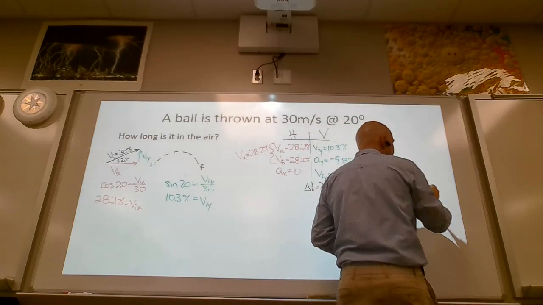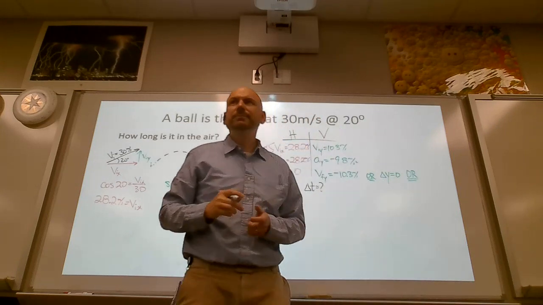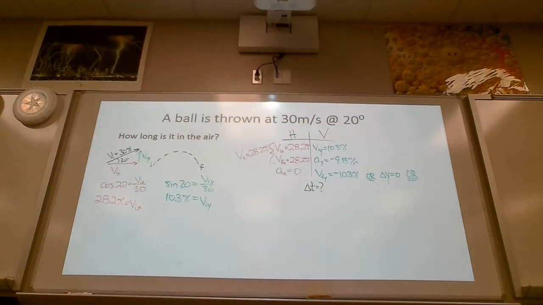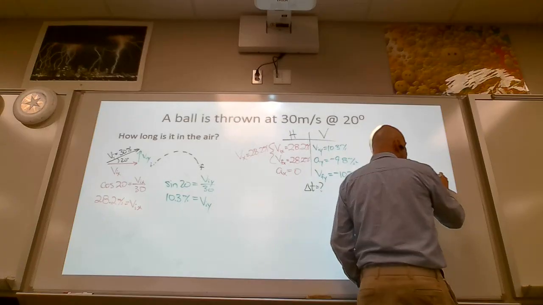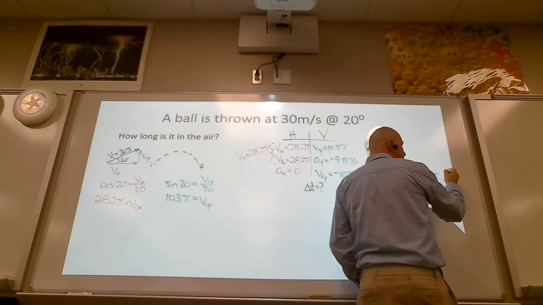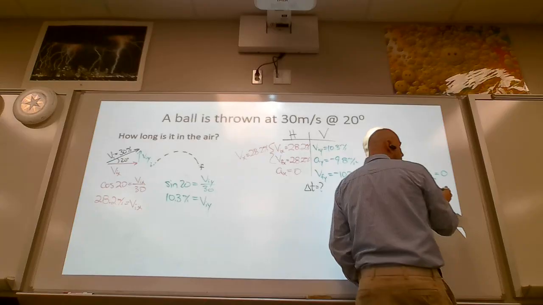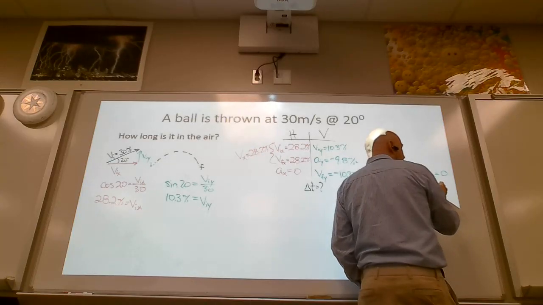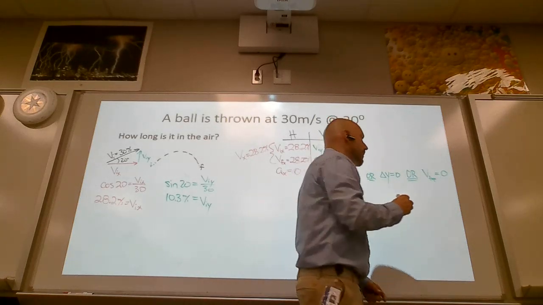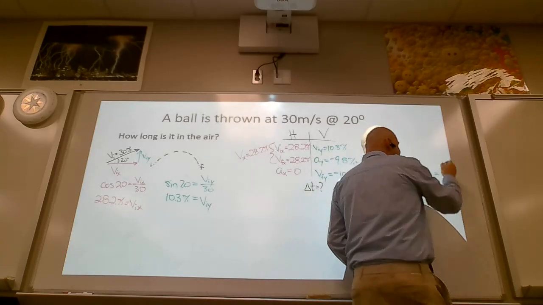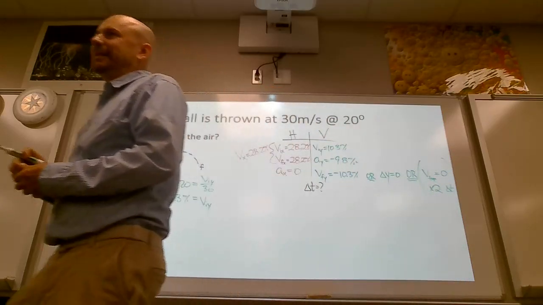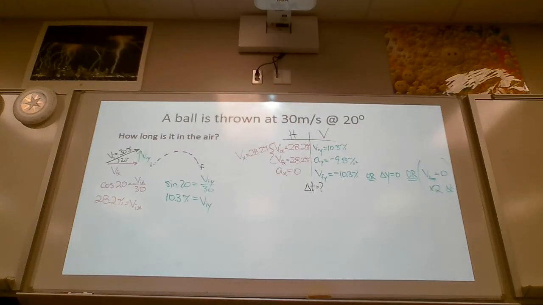Or this one, in my opinion, the most dangerous and the easiest to fall into a mistake, is to say that your velocity at the top is equal to 0. But then to get your time, what do you need to do? You need to double your time. You can do it, just know that that's a thing.